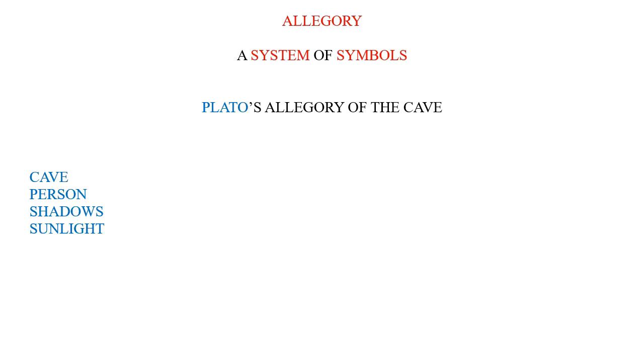As you might notice from how I ended that story, sunlight here works as a symbol. It represents reality. When we see sunlight in this story, we should understand that Plato is talking about a real world, distinct from the false world represented by the shadows that appear on the cave wall.